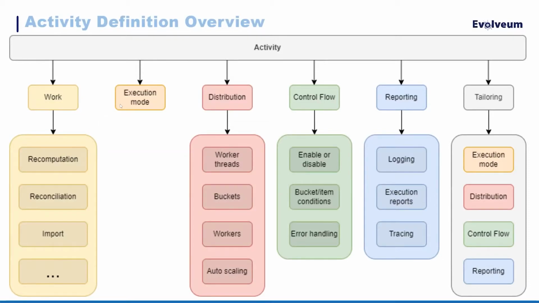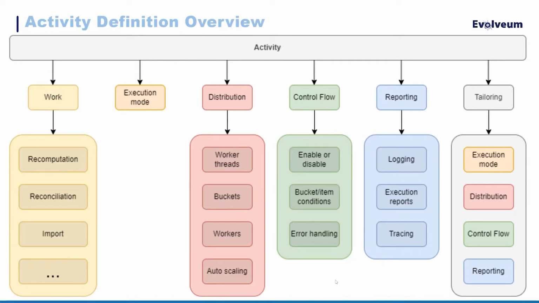Then there's the execution mode. There are a few options like full, preview, dry run, or even none, meaning just fetching the objects. The distribution part here tells about how the work should be distributed into worker threads or worker tasks, buckets, and whether auto-scaling should be applied or not.